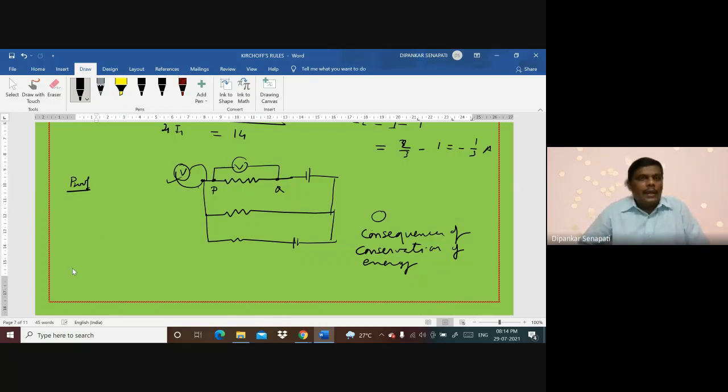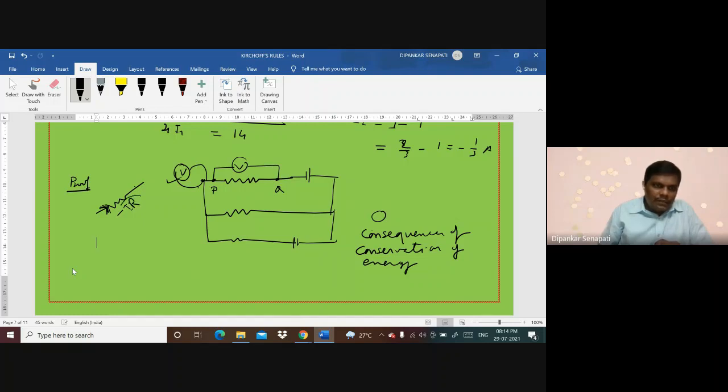So, dear learners, you could understand what Kirchhoff's first law is, what the second law is, why they are called junction rule and loop rule respectively, why they are called current law and voltage law respectively, and how you can account for potential rise and potential fall. One very simple conclusion you can draw is that if your direction of calculation matches the direction of current in the circuit, then you take the potential change as negative, because current goes from higher to lower potential, meaning you are falling down.